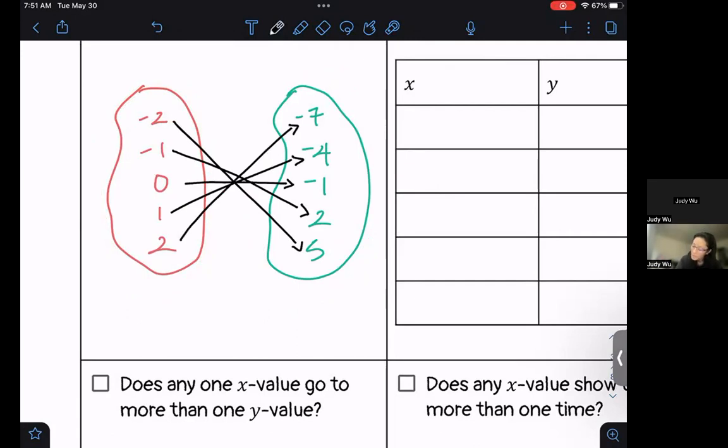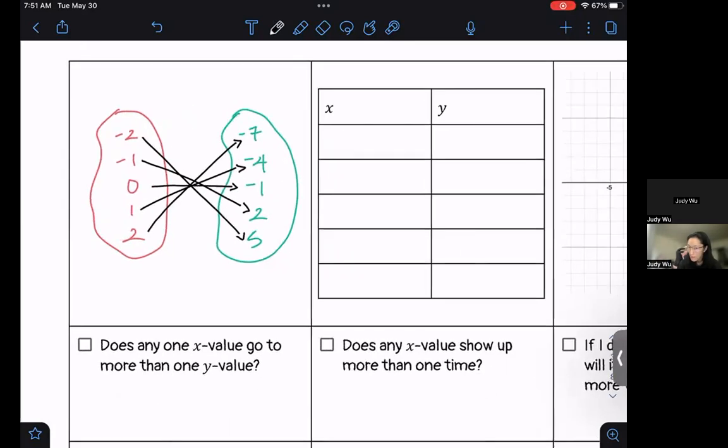Okay. Taking that information from our mapping diagram, we can fill in our table. I'm going to have -2 for the x, and the y that goes with it is 5. So we have -2 to 5, and we write that as an ordered pair.